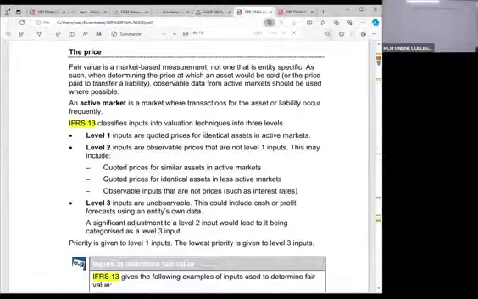That's level 1. And then level 2, ladies and gentlemen, is for what here? For similar assets. Level 2 is for similar, not exactly the same, but quite similar to my house. You could have a house that was sold last week, which is quite close, resembling mine very closely, but not identical.